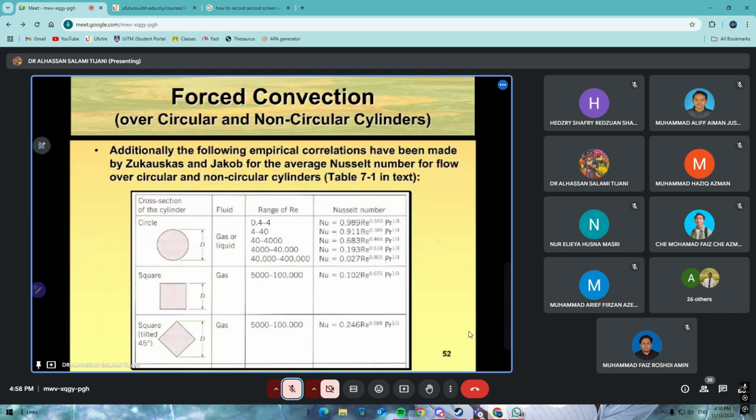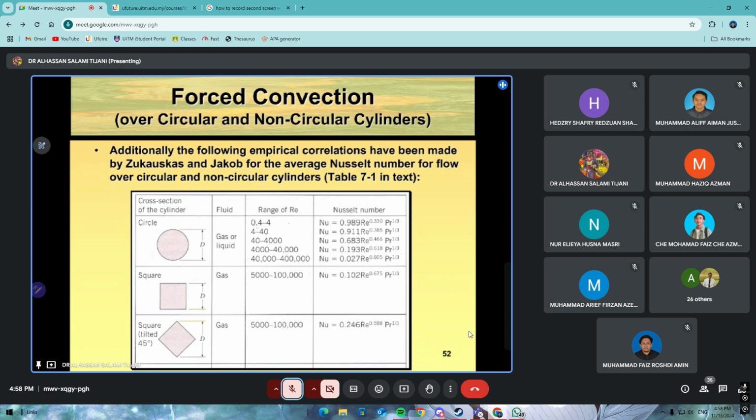So now these are various empirical results which people have presented for the Nusselt number based on different ranges of Reynolds number.